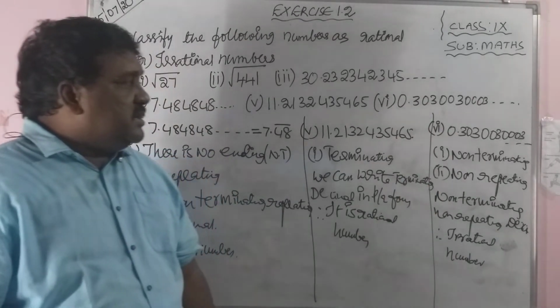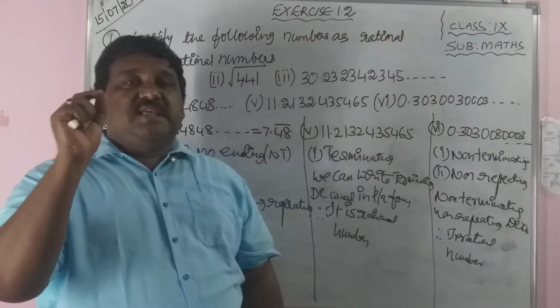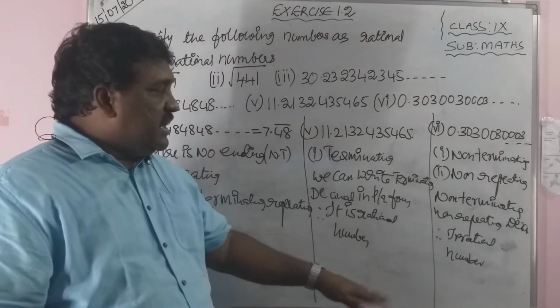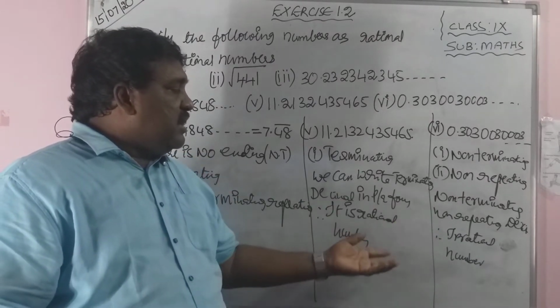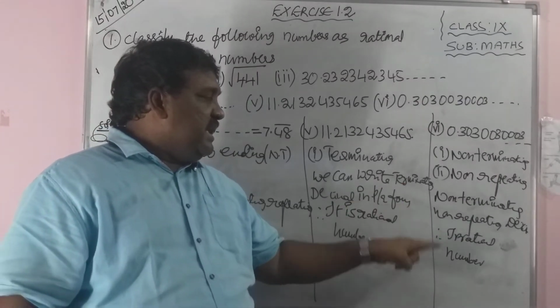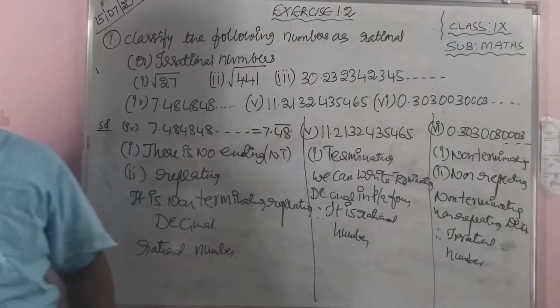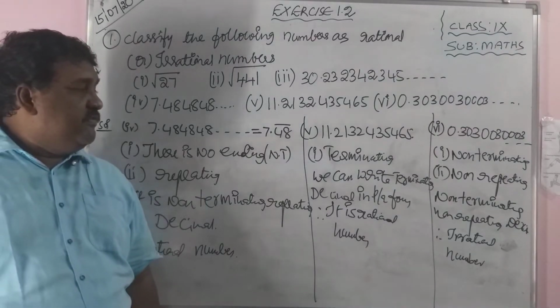Last one: first observation, non-terminating. Second observation, non-repeating. Non-terminating, non-repeating decimals are known as irrational numbers. Therefore, the last one is an irrational number. Note down. Copy 4, 5, 6 sums in first Roman.